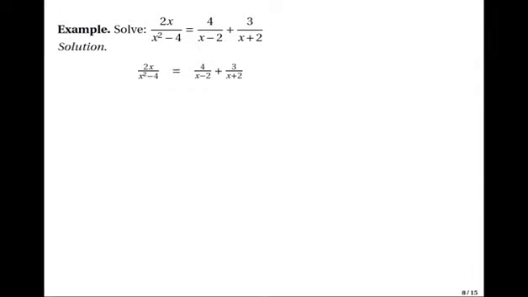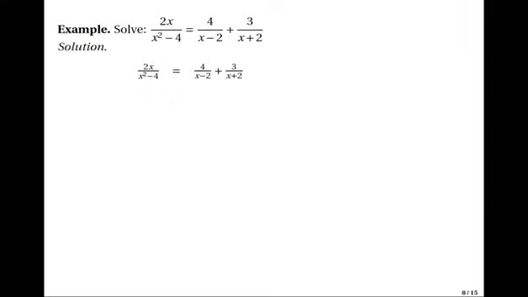We don't want 0 on the denominators. So if you look at this, x minus 2 will be 0 when x equals 2. Here, x plus 2 will be 0 when x equals negative 2. And x squared minus 4 will be 0 when x equals 2 or x equals negative 2.